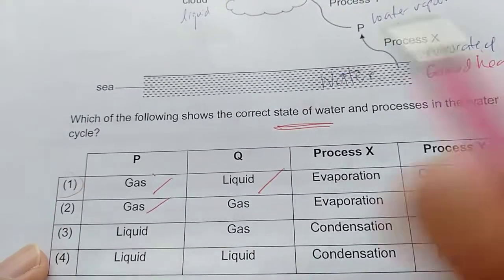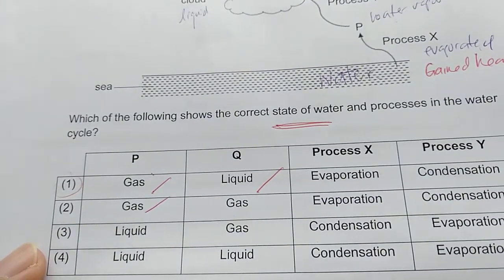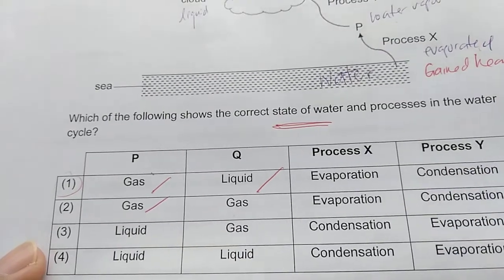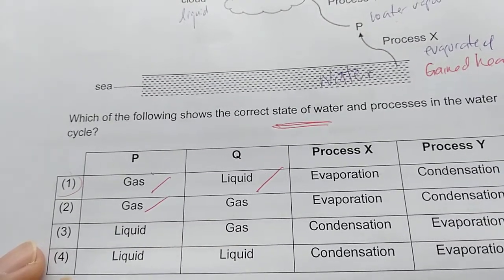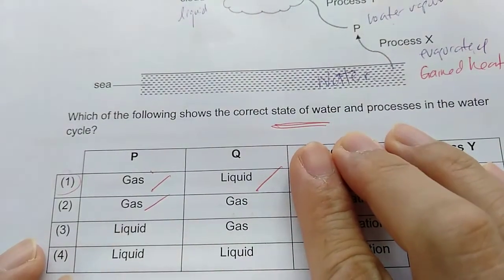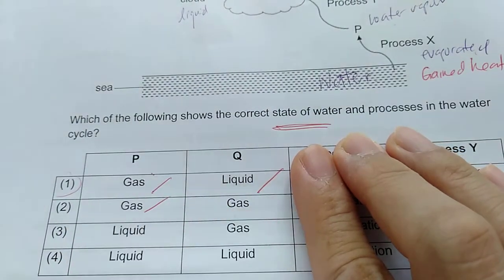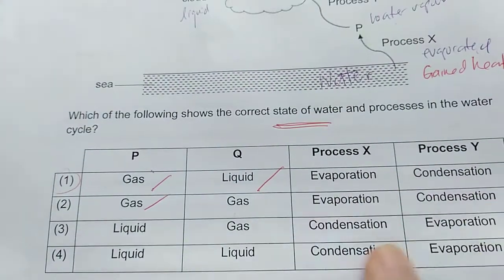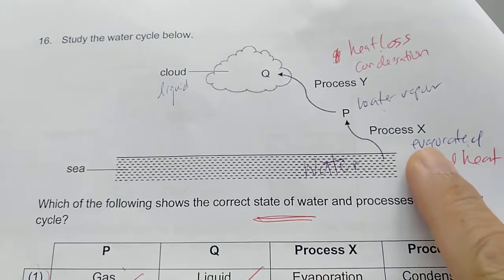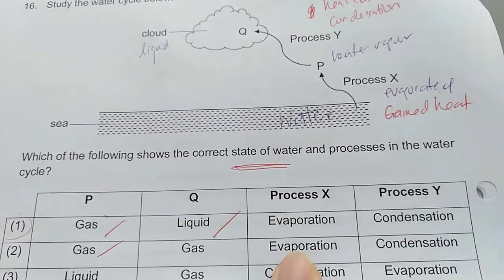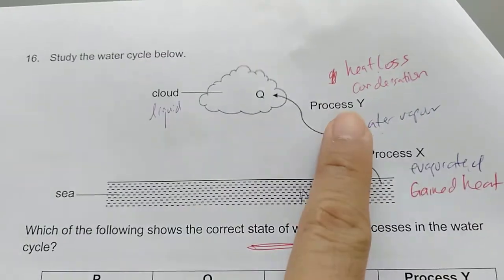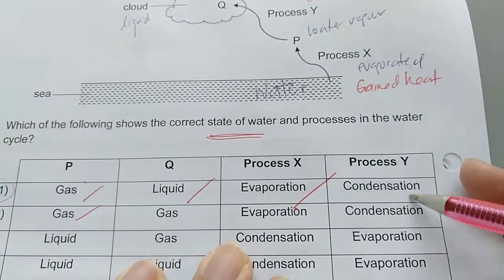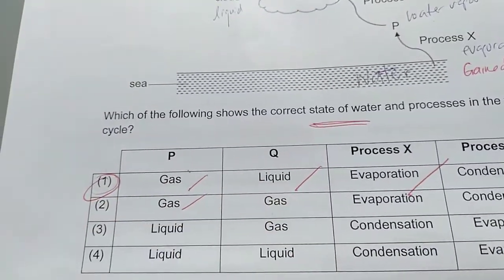So the answer is really number 1. Of course, we will check the rest. This question makes it easy for you because you don't even have to look at the process to get the answer. A harder question will require you to process more information. Process X is evaporation, and Y here is condensation. So the answer is 1.